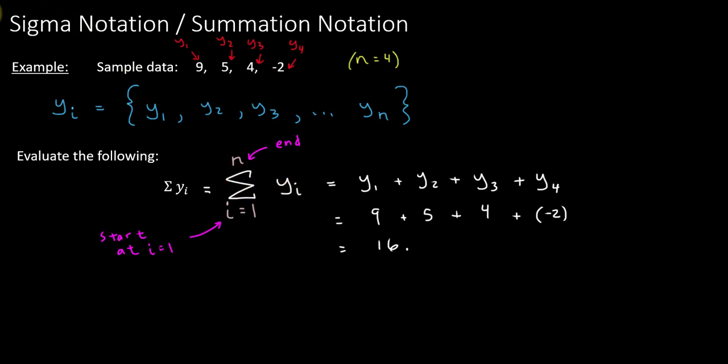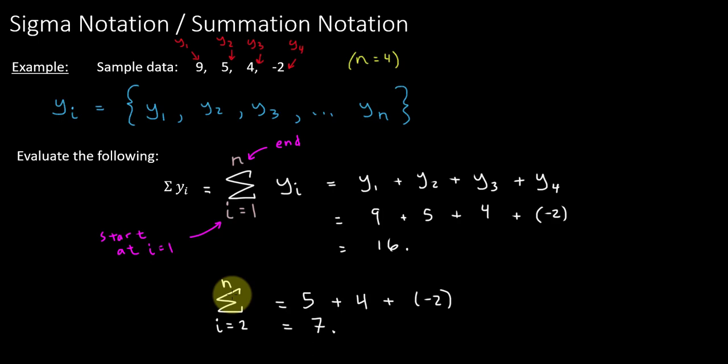If you only want to add some of the elements present, not typical in our stats class, but if you wanted to add only maybe the last 3 values in the data set, here we're going to start at i equals 2. So we would start with the second element, which is a 5, and then we'll add the 4, and we'll add -2, which is a 7. So we won't really see this too much in our course, but that is a more complete picture of sigma notation.